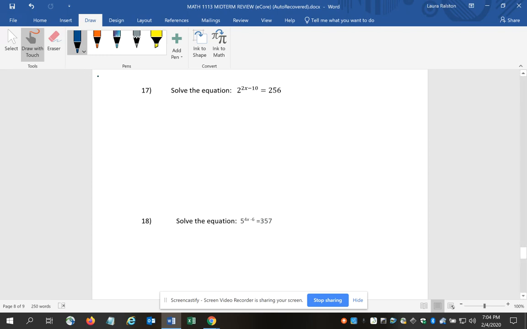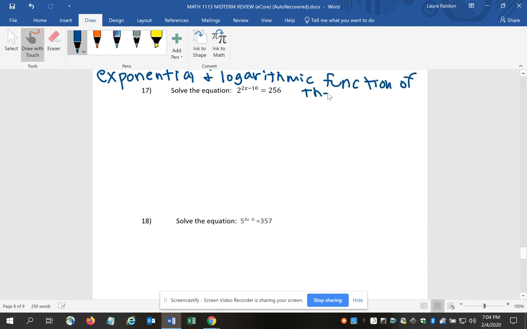Okay, an exponential and logarithmic function of the same base, and that's the key characteristic, are inverses, just like addition and subtraction are inverse operations, or squaring and square root are inverse operations.